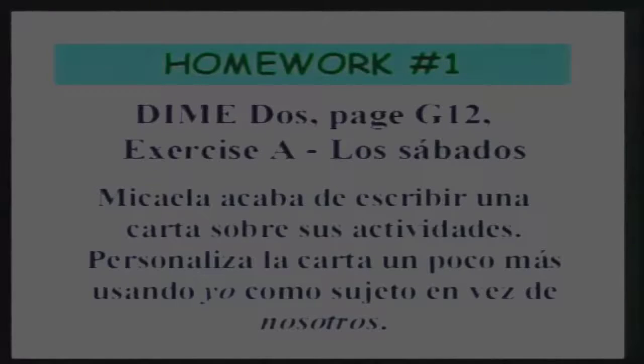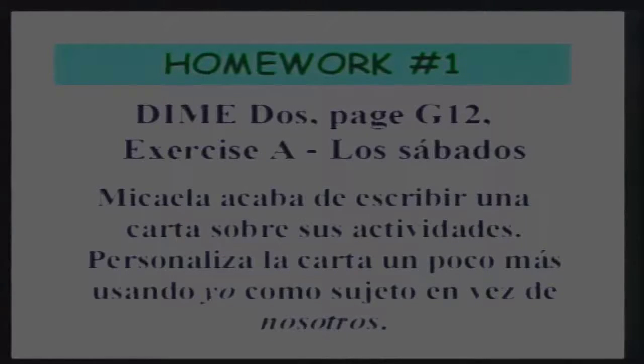Los sábados. Miquela acaba de escribir una carta sobre sus actividades. She has just finished writing a letter about her activities. Personaliza la carta un poco más usando yo. Personalize the letter a little bit more, using the yo form as the subject instead of the nosotros form.